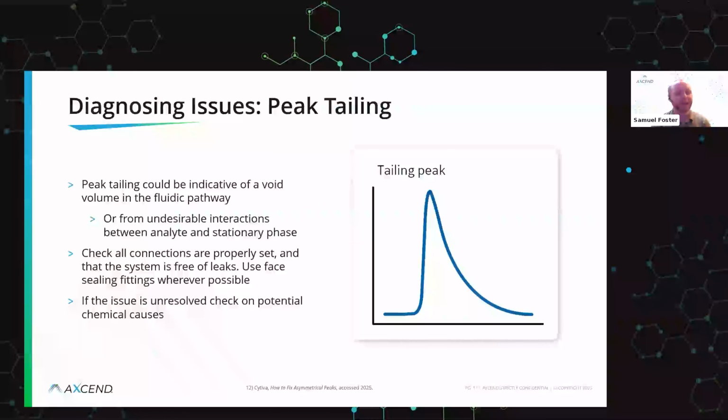So it could be a mismatch in tubing inner diameter that's causing those small little poorly mixed zones. It could be that you don't have a perfectly flush face on one of your tubes, causing that void in there. Basically, if you're seeing peak tailing and you're not so sure how to fix it, great practice is to go through and check that all of your fluidic connections are made properly. If that's still tailing, then you can start looking at a lot of your chemical interactions.